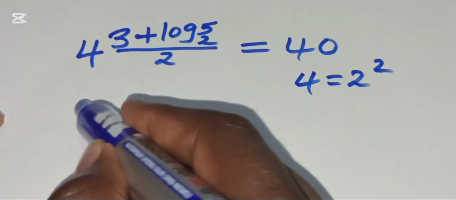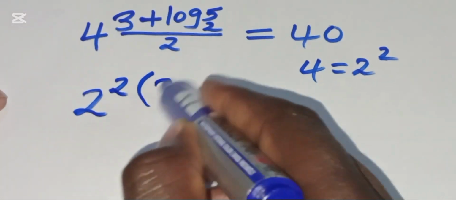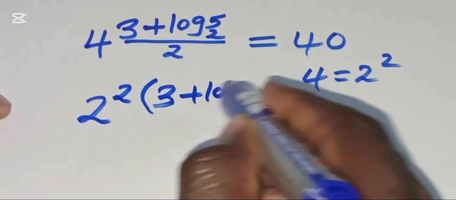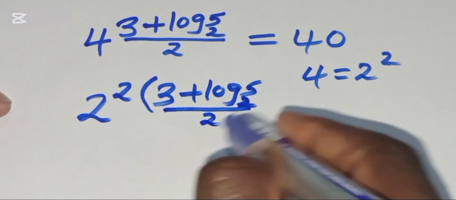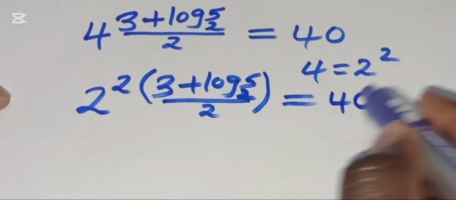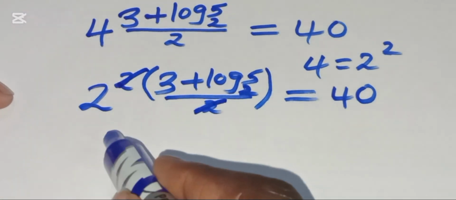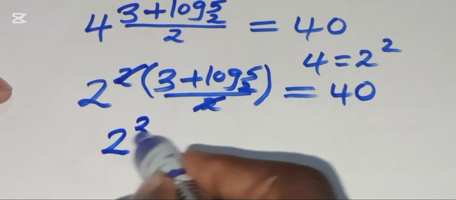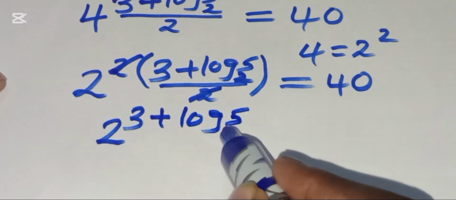So we're going to have 2 raised to power 2, and in the bracket we'll have 3 plus log 5 to base 2 divided by 2. All of this is supposed to give us a value of 40. So we simplify here so that we'll have 2 raised to power 3 plus log 5 to base 2.